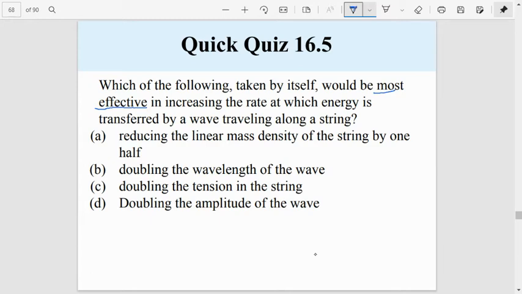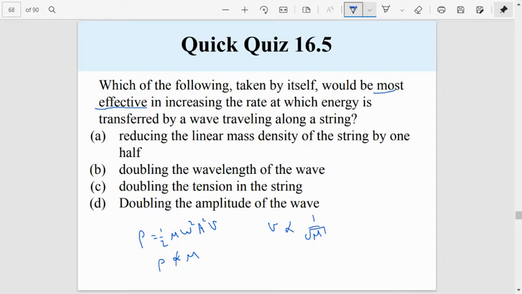A says to reduce the linear mass density of the string by 1/2. If we just look at the formula, we might think we're linearly proportional to the mass density. However, that's not true because there's a term for the speed at the end, and we know the speed is inversely proportional to the square root of the mass density.